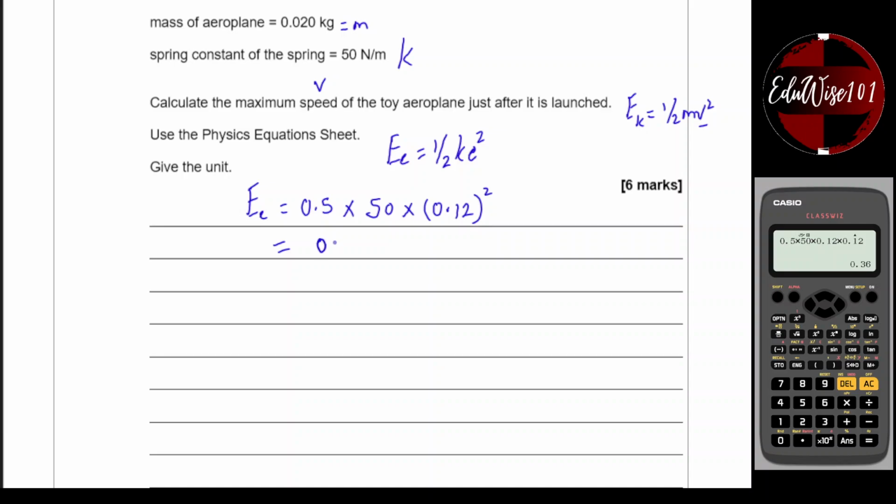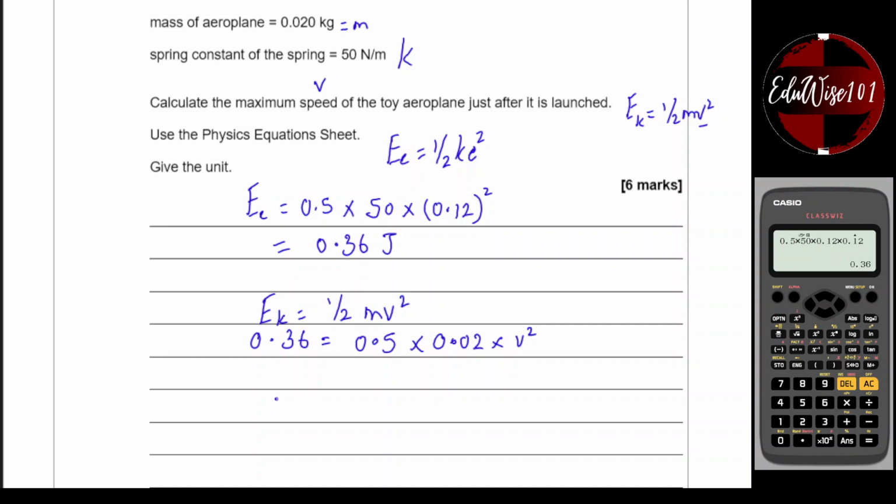So 0.36 joules. Now, using this value in this equation for kinetic energy, half mv squared, so 0.36 joules is 0.5 times the mass, which is 0.02, multiplied by the velocity squared.